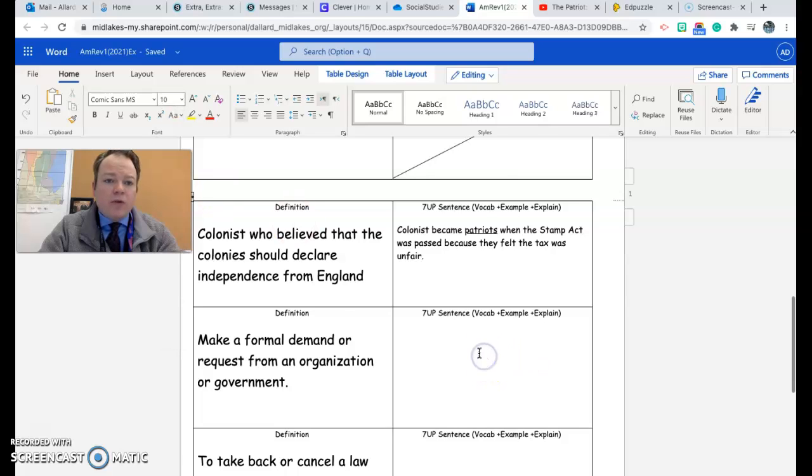Don't try to recreate the wheel. Would colonists petition against the Stamp Act? Absolutely. Why would they petition against the Stamp Act? To get it repealed. Remember, when you use extra vocabulary words, you get bonus points. So we may say colonists sent a petition.